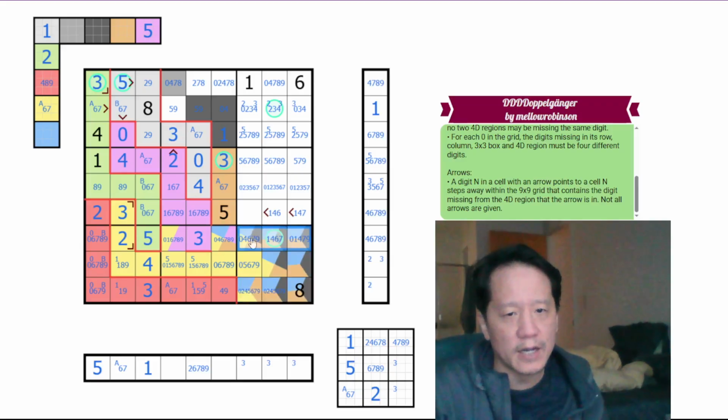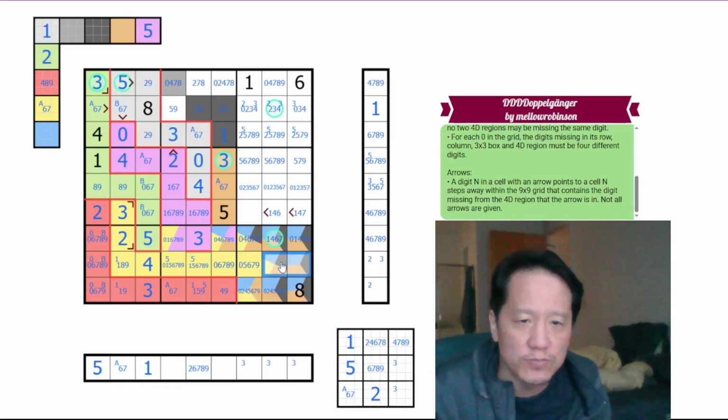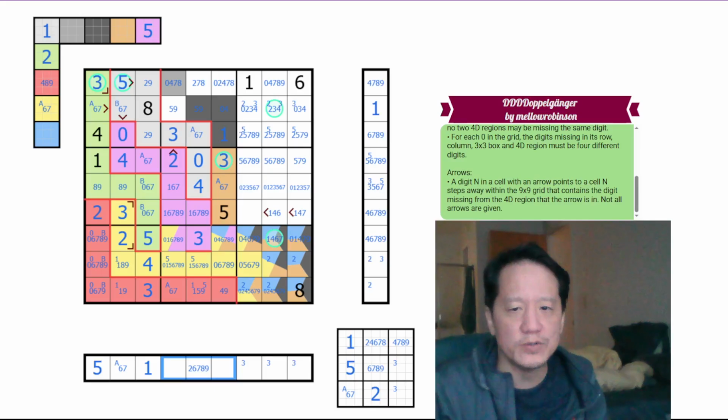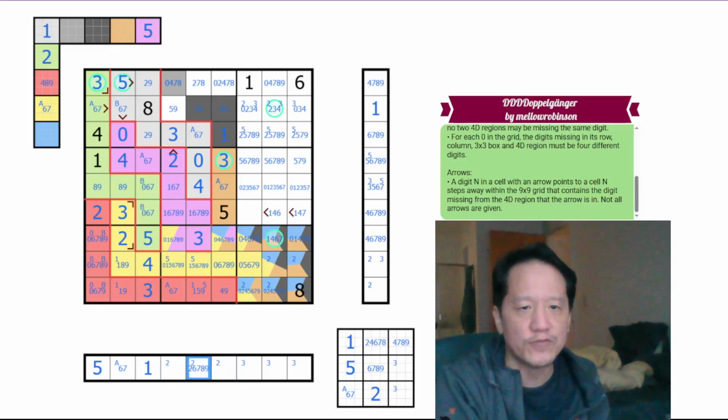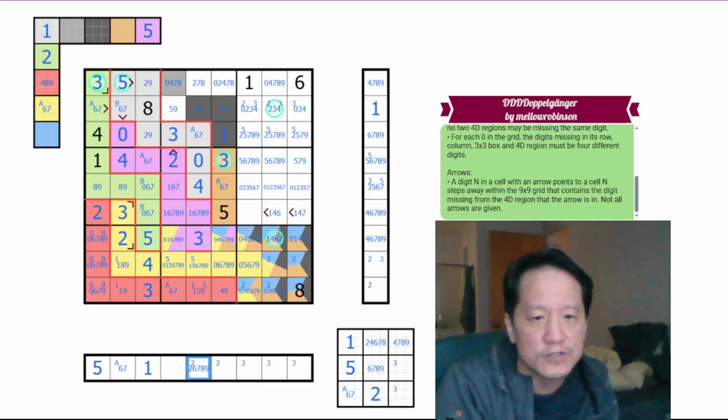We cannot be missing a 2 in box 9. So that means one of these 4 must be a 2 in box 9. So we're missing a 2 in columns 4, 5, or 6. It's obviously not 4. So it's 5 or 6.